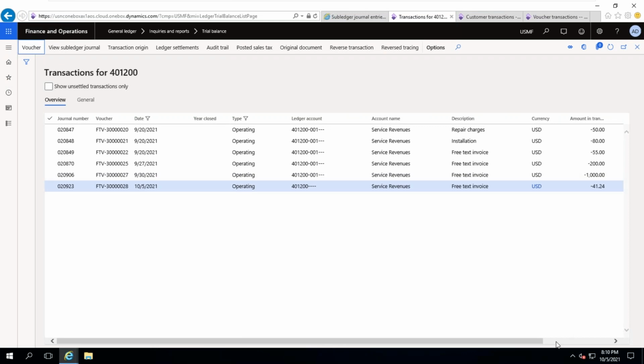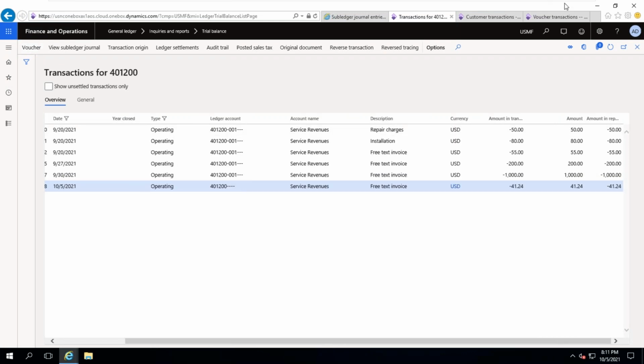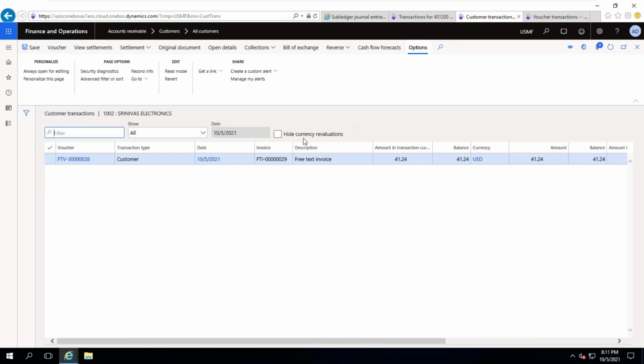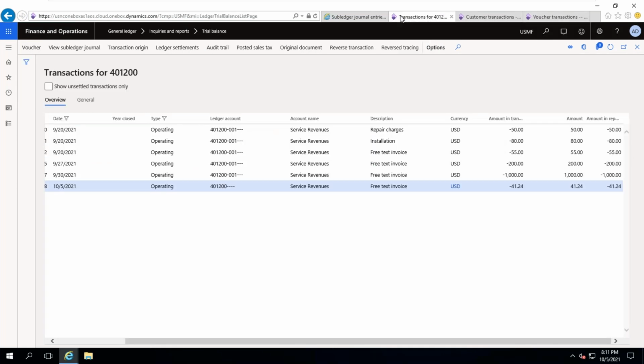So in GL, it was posted to 2 accounts, and in the customer also it was posted to 1 account, the customer account. Understood? Any questions here?